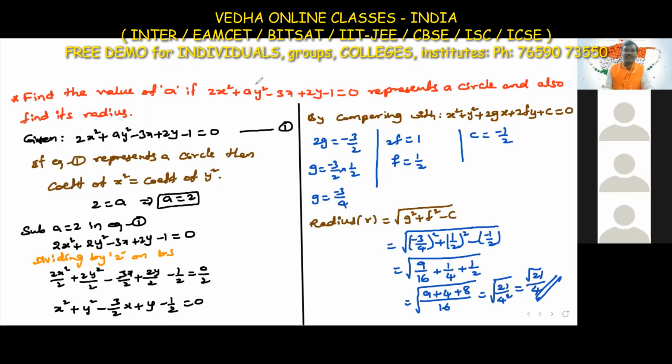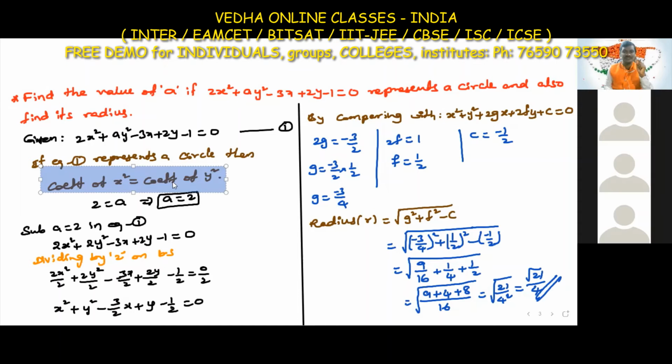So in this problem, what did we use? We used the fact that the coefficient of x square is equal to the coefficient of y square. If any equation represents a circle, the coefficients of x square and y square must be equal.